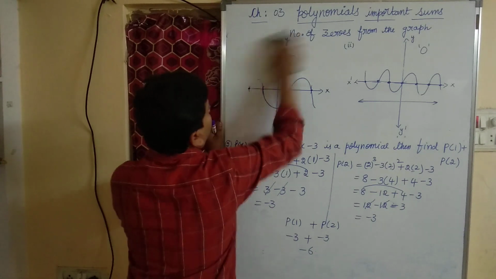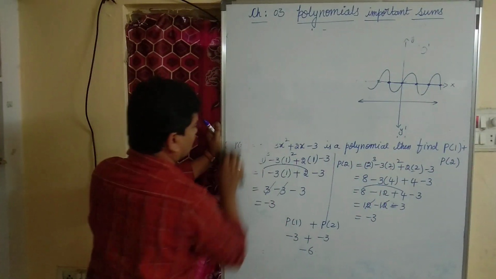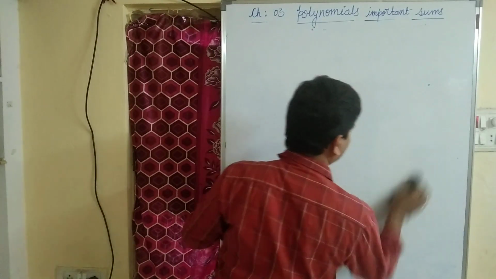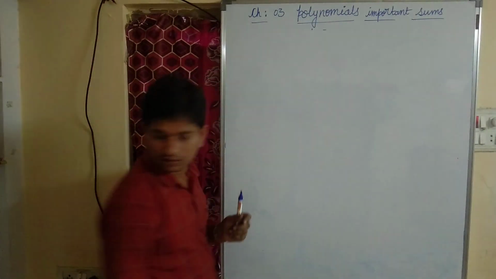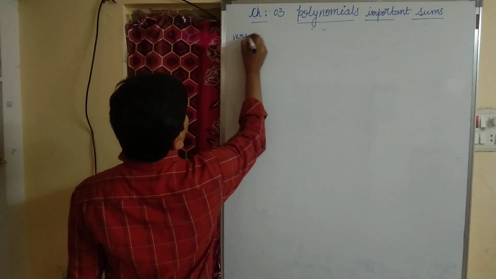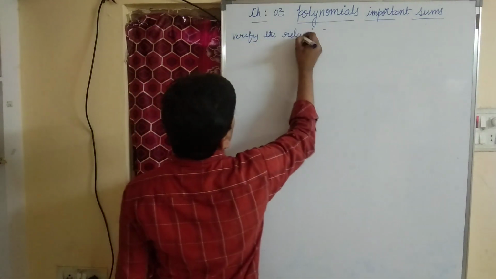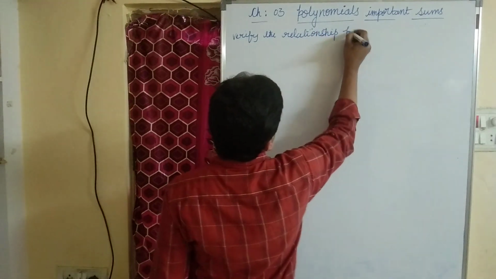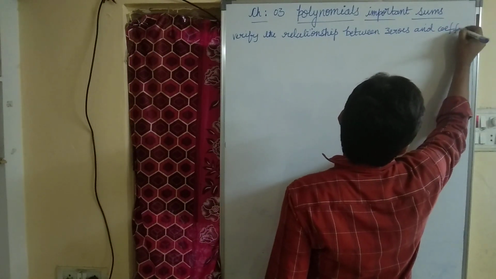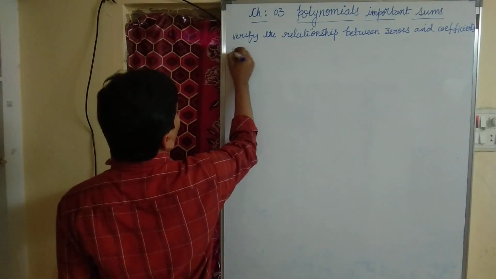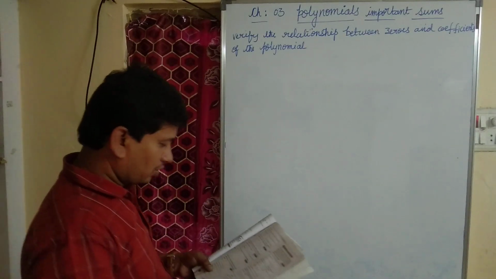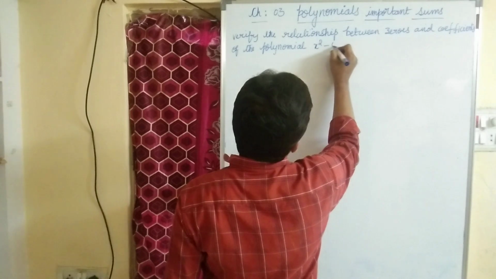Okay. Now let us see one more method. They will ask, verify the relationship between zeros and coefficients of the polynomial x square minus 4.